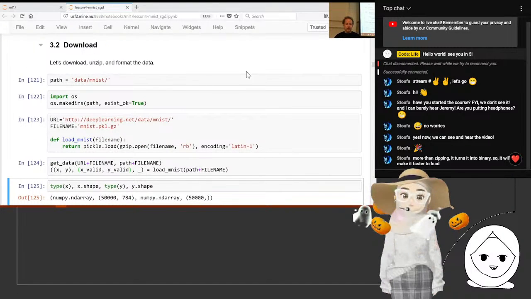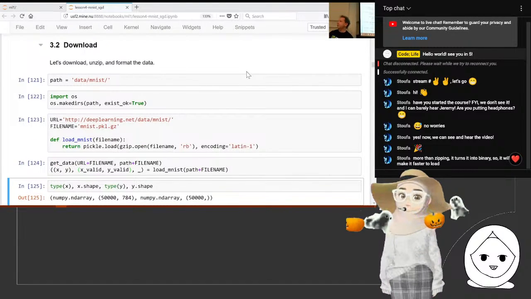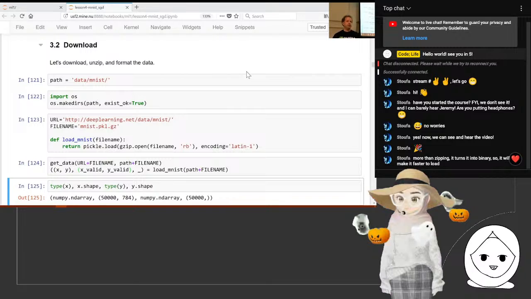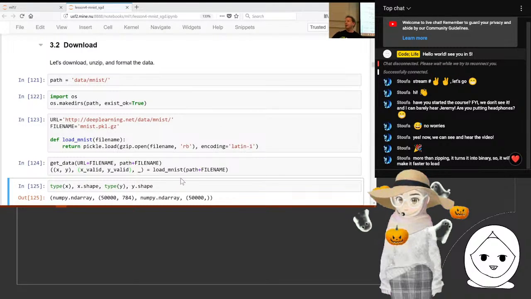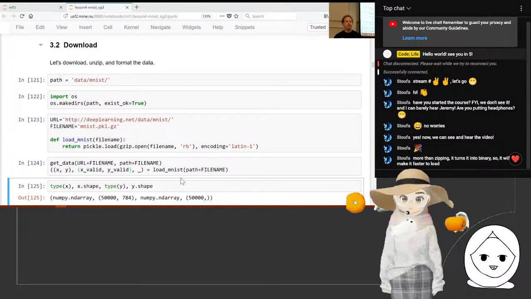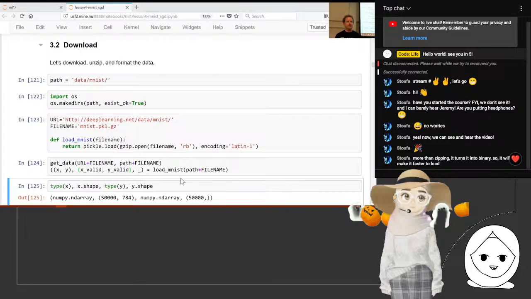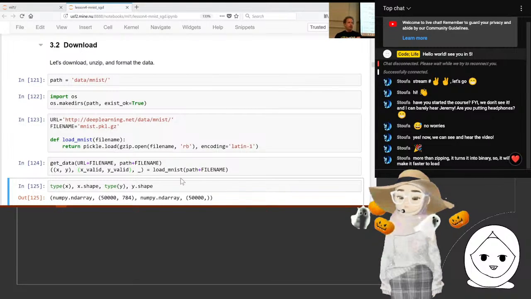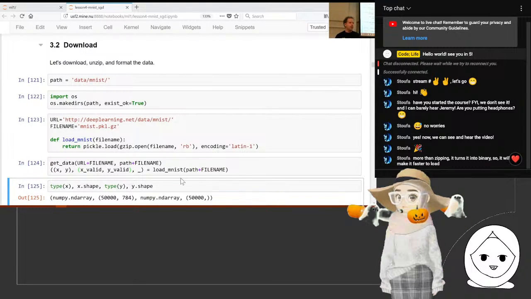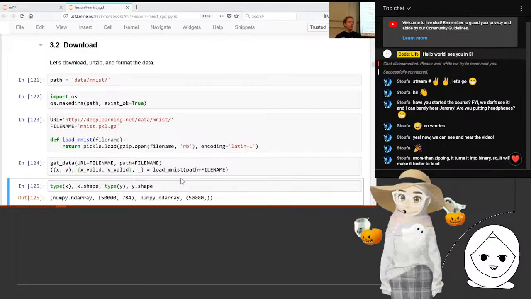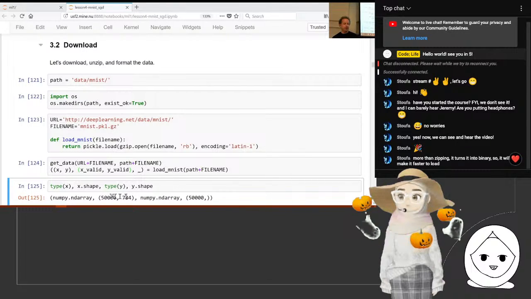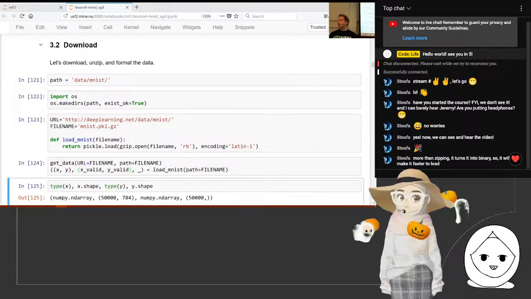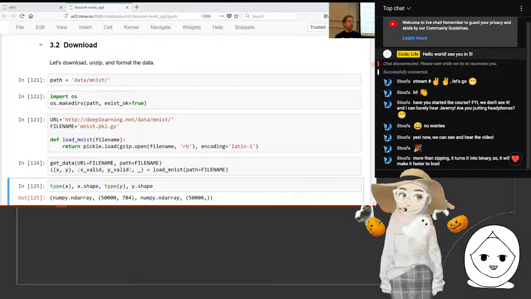This is not normal by any means, so don't think everything you see is going to be like this. Most of the time when people share images, they share them as JPEGs or PNGs. You load them up, you get back a nice 2D array. But in this particular case, for whatever reason, the thing that they pickled was flattened out to be 784. Okay. And this word flatten is very common when working with tensors.